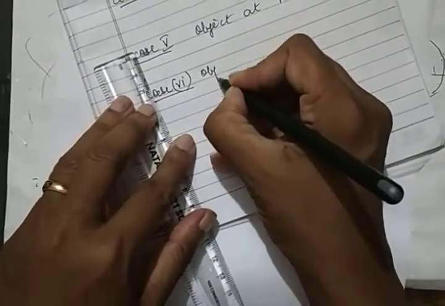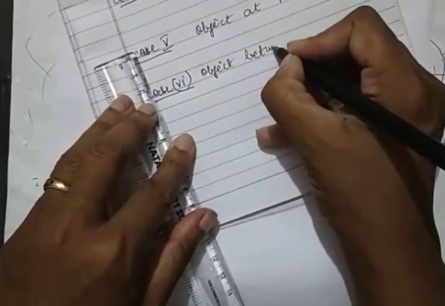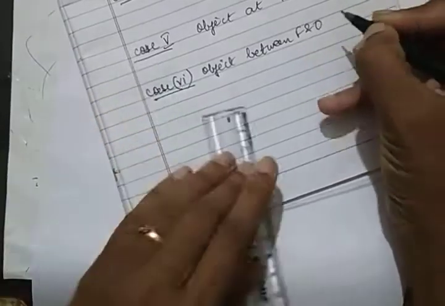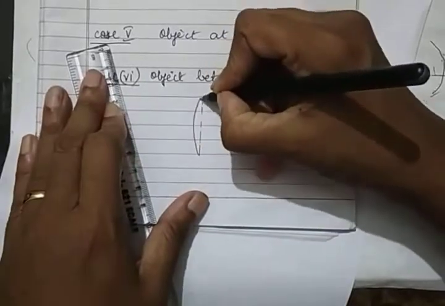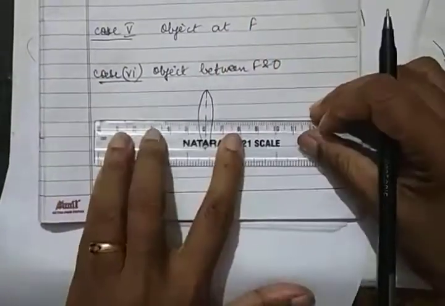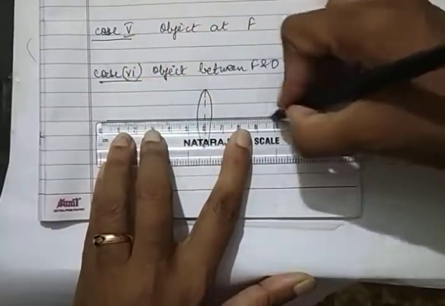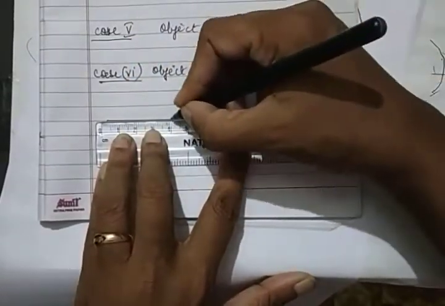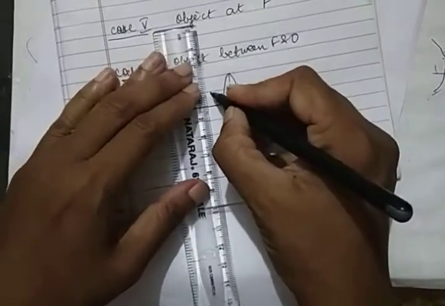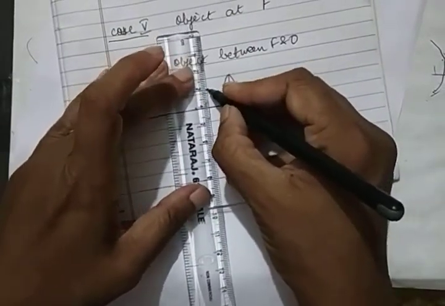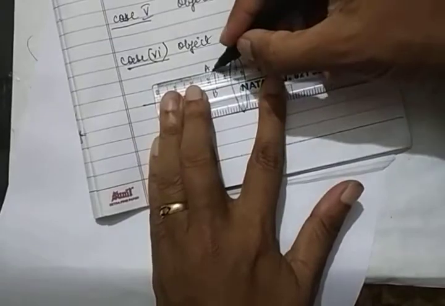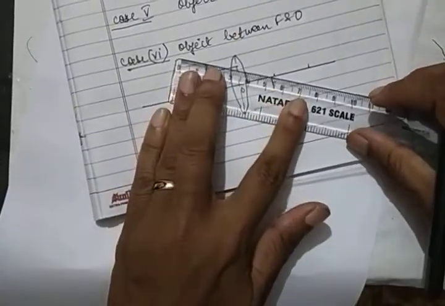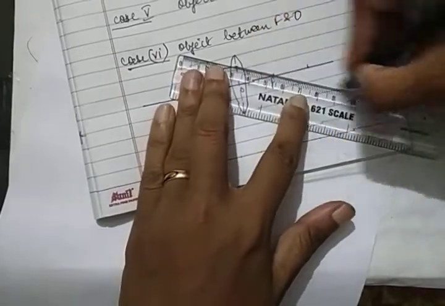So object between F and O. This is our principal axis and this is our F. So let's take an object here, AB, between F and O. First ray parallel to principal axis, and after refraction it is going to go through the principal focus.